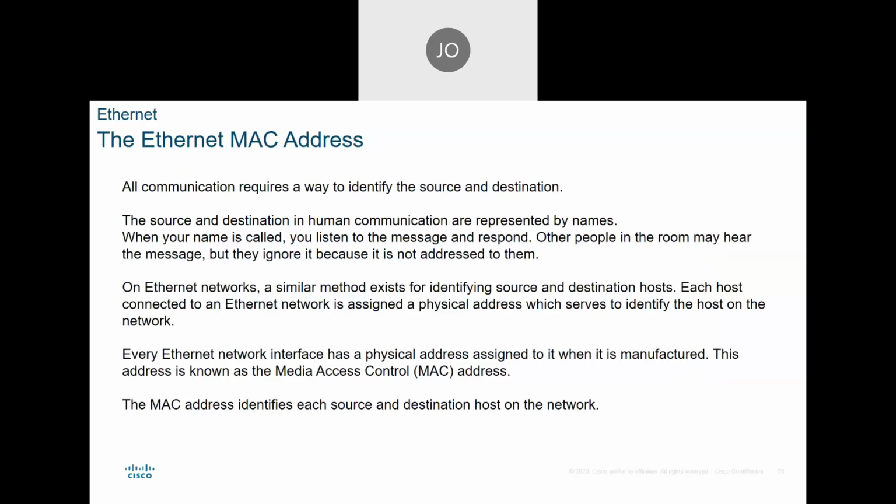Then we have the Ethernet MAC address that I explained earlier, where we have the physical addressing, that is addressing your network interface card. All communication requires a way to identify the source and destination. That is, you and I must be identified.